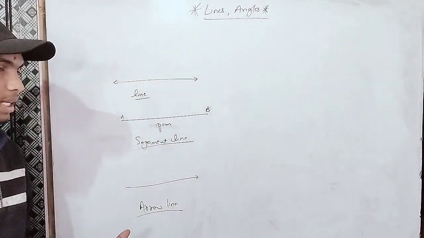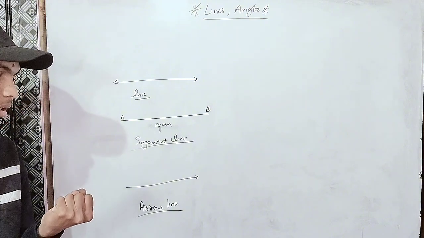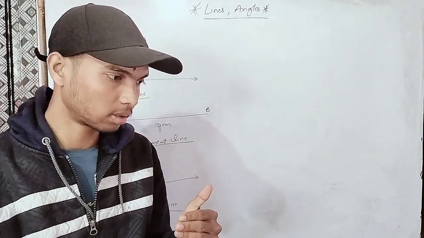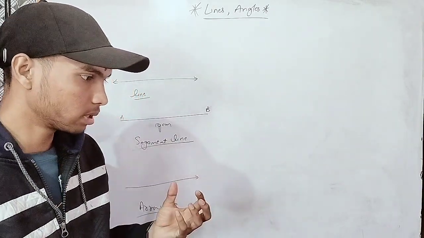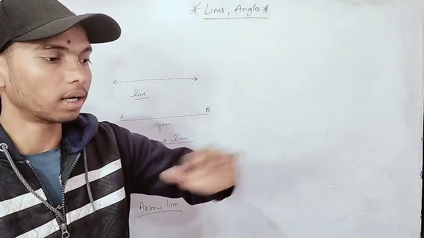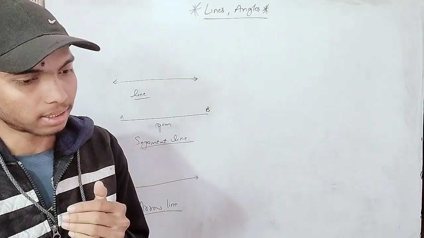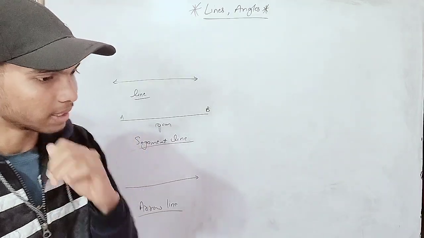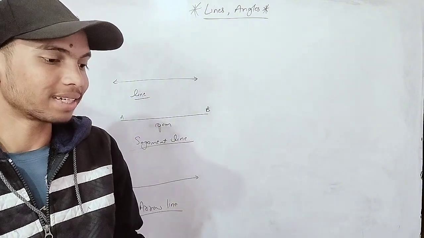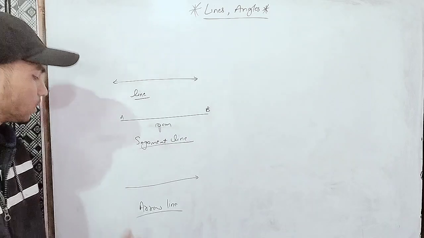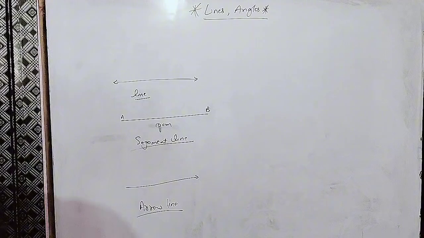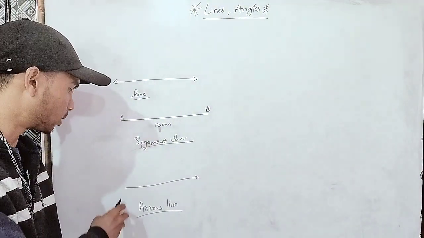So the meaning of this arrow line is that one end is going unending, on the arrow side of our line. But the first end is not with an arrow. It is an endpoint. From here our line is starting. Our line started from here.